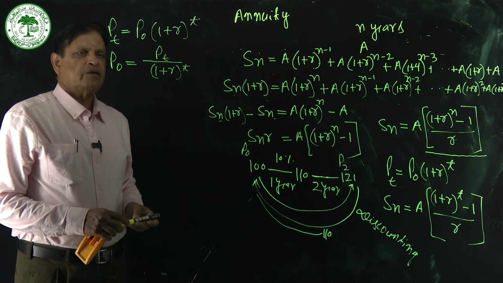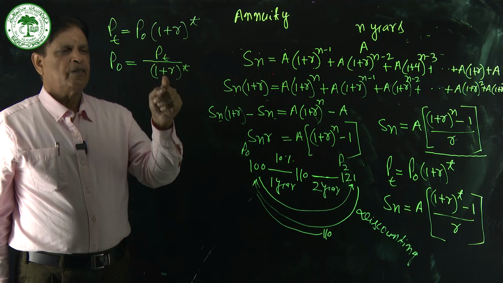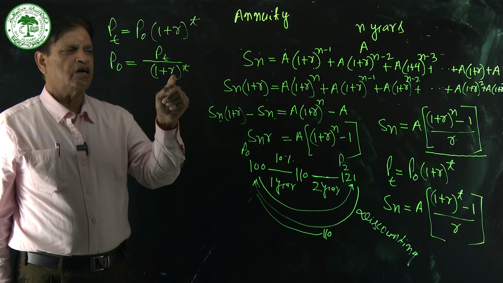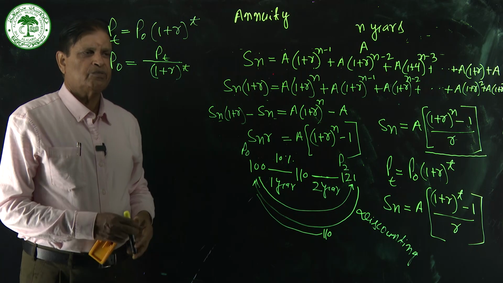This is the general formula for finding out the present value. If you are given the future value, and the rate of discount or rate of interest is R and the number of years is T, you can find out the present value.